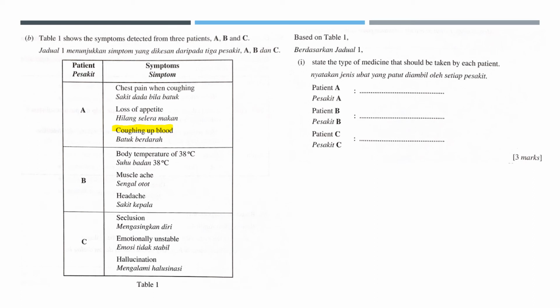How about patient C? Patient C has delusion, emotional unstable, hallucination. So patient C should be given the type of medicine called psychotherapeutics. So patient A should be given an antibiotics medication, patient B analgesic, and patient C psychotherapeutics.